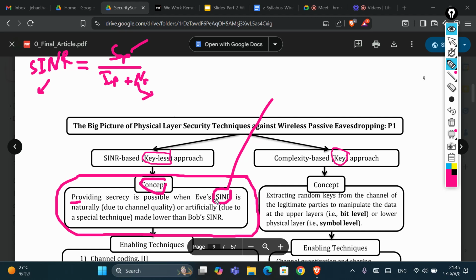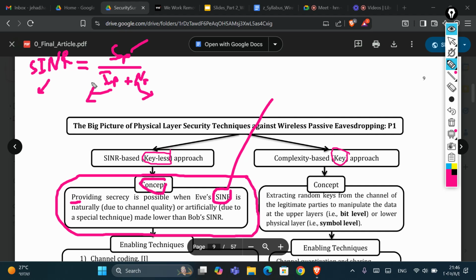Now, we briefly understood what the signal to interference noise ratio is, and interference is a domain by itself, where you have so many different types: intersymbol interference, intercarrier interference, intercell interference, interchannel interference, interband interference, interantenna interference, co-channel interference, adjacent channel interference.